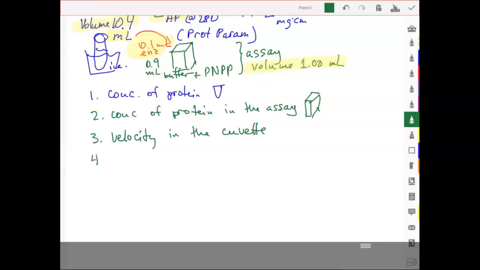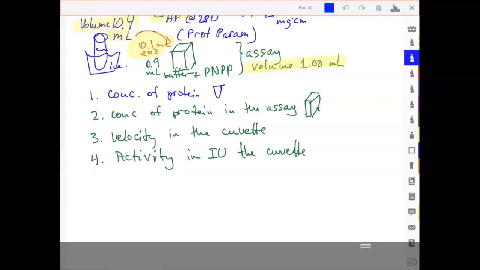And then related to that is going to be units of activity. So actually, let me write that. Activity in international units of activity in the tube. Actually, first let's do it in the cuvette. We will also figure out IU per mL of undiluted enzyme, or AP, that we purified.